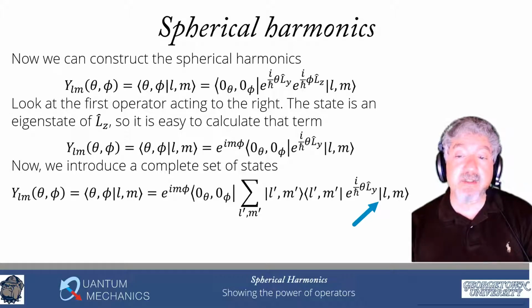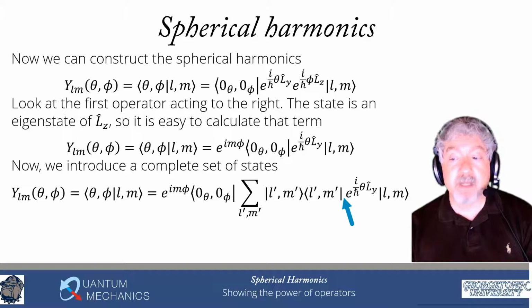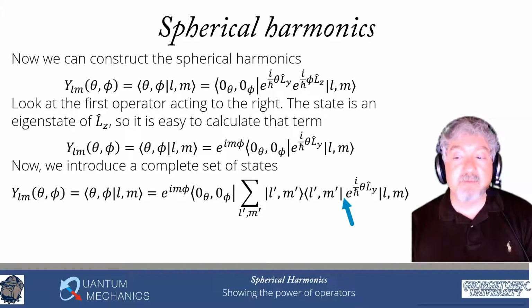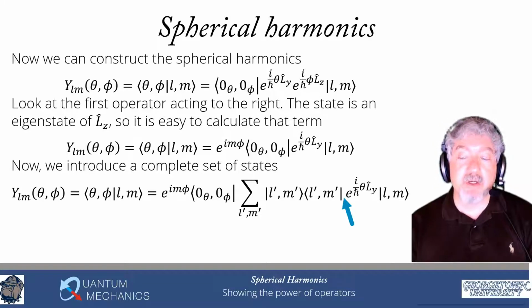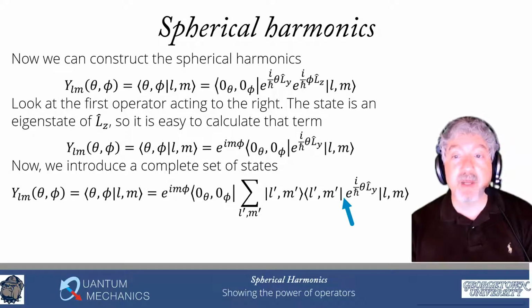Now, because L squared commutes with Ly, I can just move that L squared to the other side. And then that L squared is going to give me h bar squared L prime times L prime plus 1. And if I divide that by the h bar squared L times L plus 1, I'm going to get L prime times L prime plus 1 over L times L plus 1.